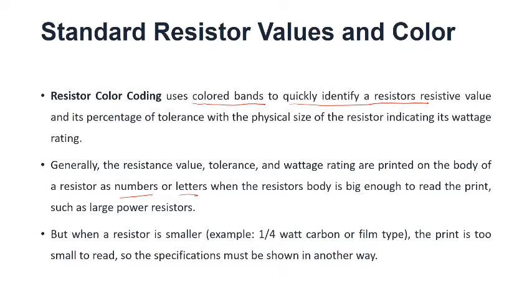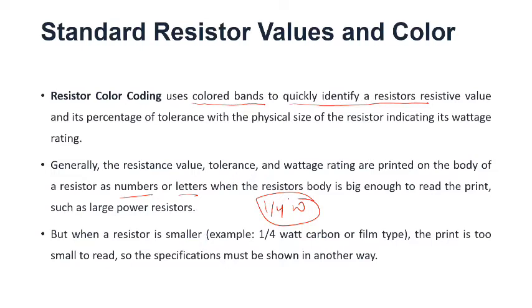When the wattage keeps decreasing, for example, we are using 1 by 4 watt carbon resistors in our experiment, the size is a little bit tiny. So the body of the resistor is not big enough to read the printed value.